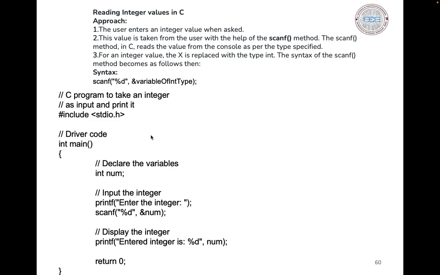Int main, int number. Num is a variable of integer data type. Printf, the statement is enter the integer. Once the user enters the integer, that value should be read by the computer. So scanf, since the data type is int, we give %d &num. To display the integer, printf entered integer is %d, num, return 0.